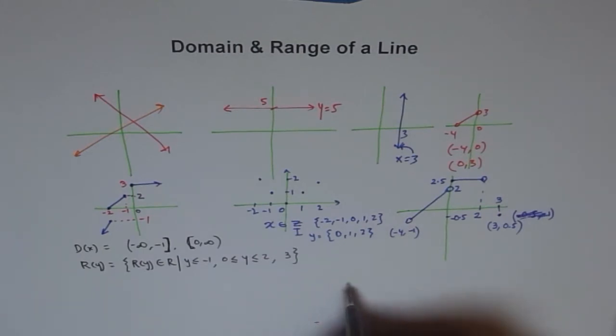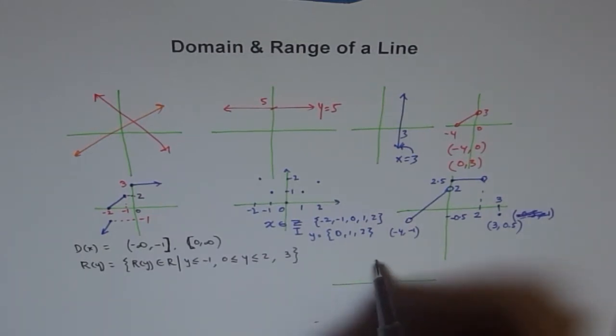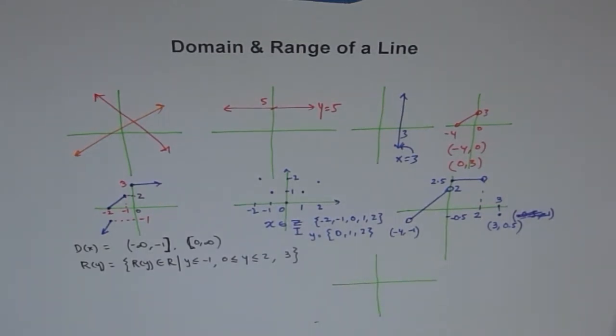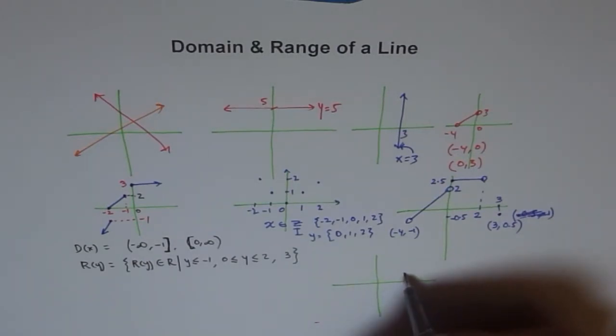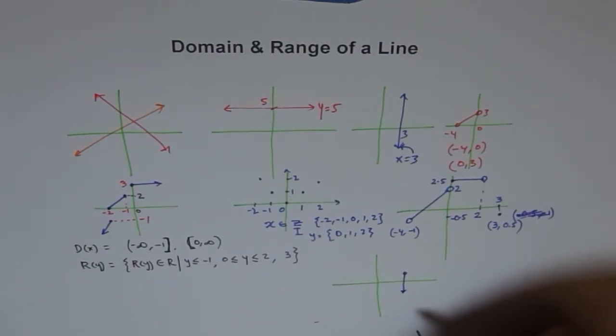Let me give you one more as a practice problem. Here I will draw a vertical line. Okay, I know this is not a function, but write the domain and range for this.